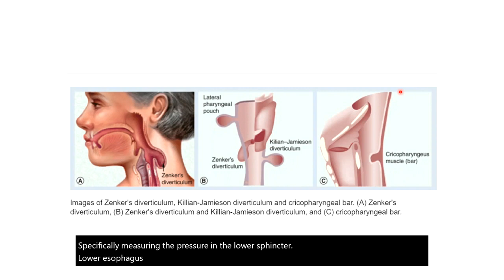When a patient has a Zenker diverticulum, this patient can accumulate saliva and also rest of the food inside the diverticulum, and the manifestations apart from dysphagia is going to be halitosis.